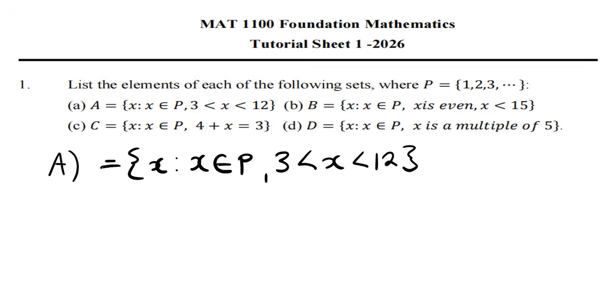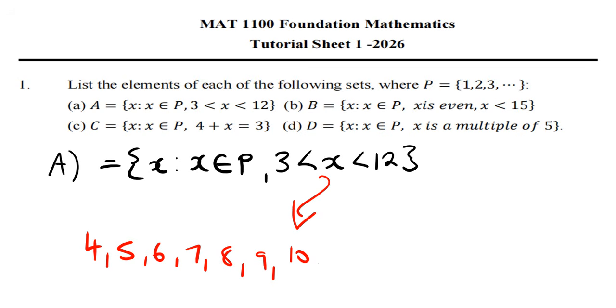Therefore X, being a member of P, must be an integer that is greater than 3 and less than 12. The integers satisfying this condition are 4, 5, 6, 7, 8, 9, 10, and 11. So A is going to be that.